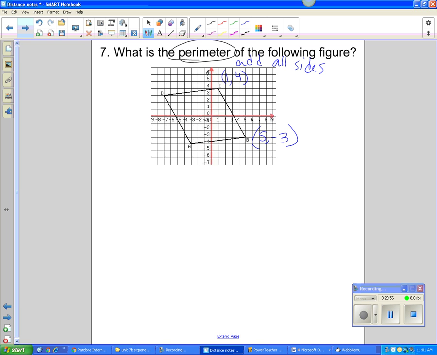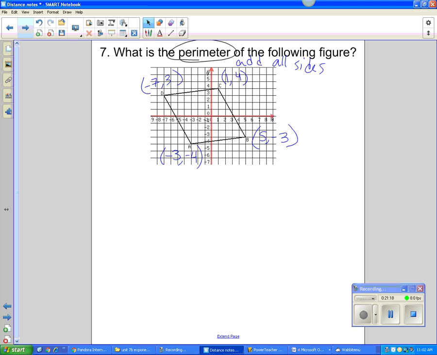Positive 5, negative 3. This one is negative 3, negative 4. And this last one, anybody, what do you think this one is? Yep, negative 7, 3.